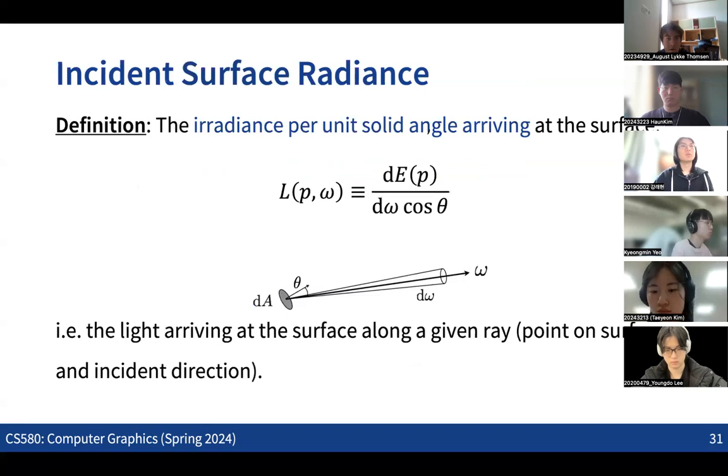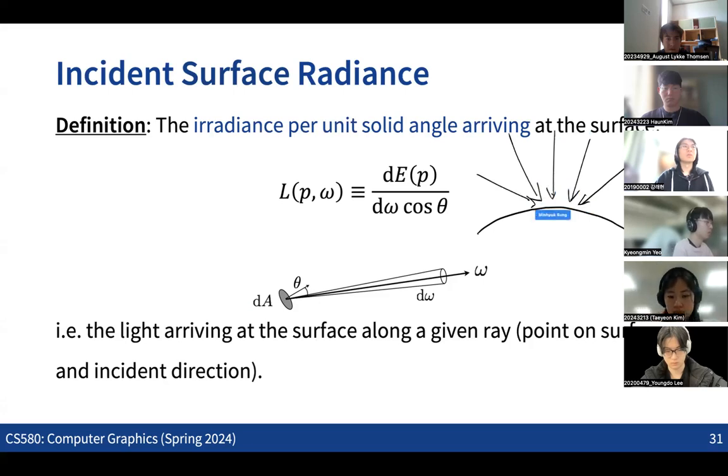And also we can think about two types of radiance. One is the incoming, incident radiance. For each of the regions, we can think about having incident light from many different directions. That will be contributing to calculate the radiance at one point, right?